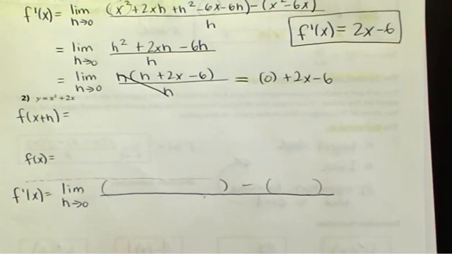Very similar steps to the one above it. 2x plus 2. 2x plus 2. That's what you should be getting.